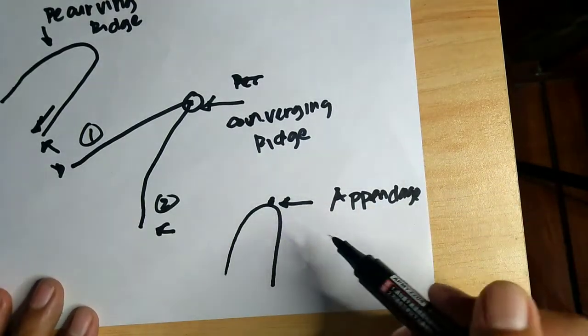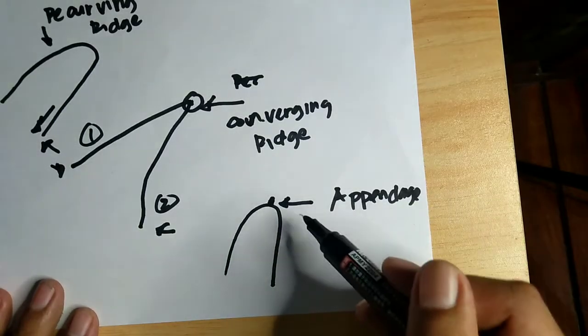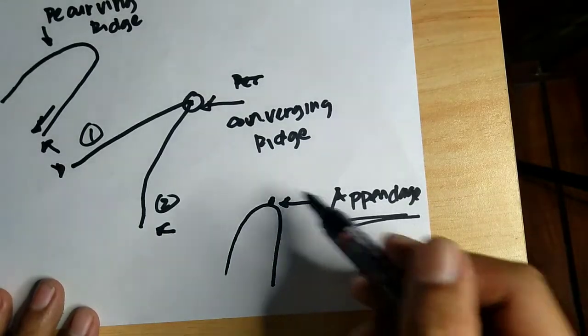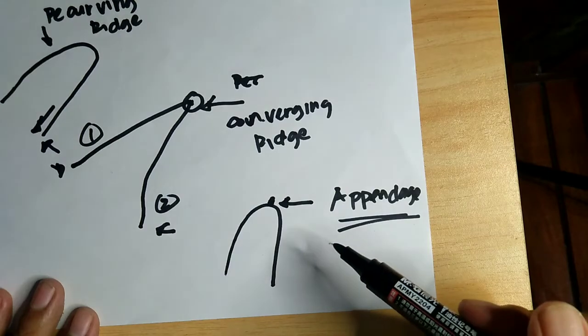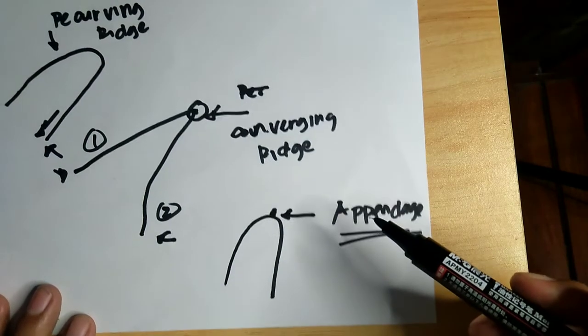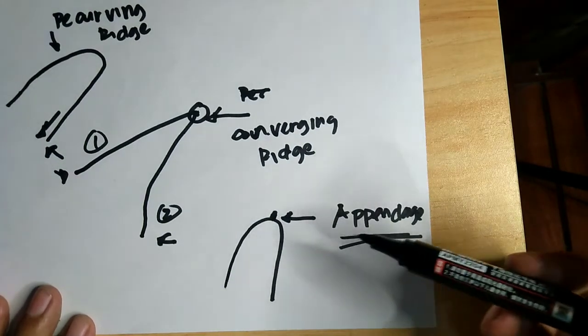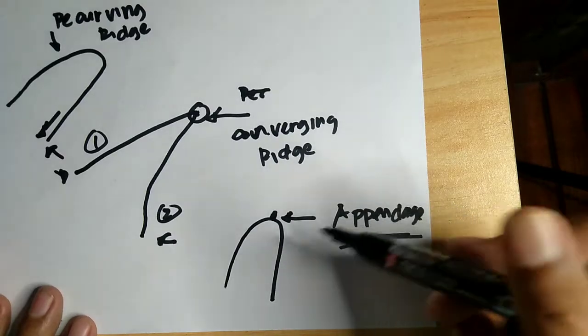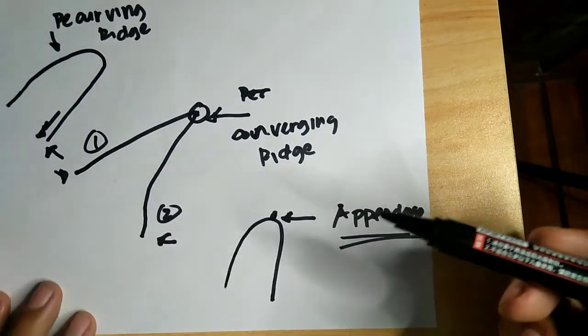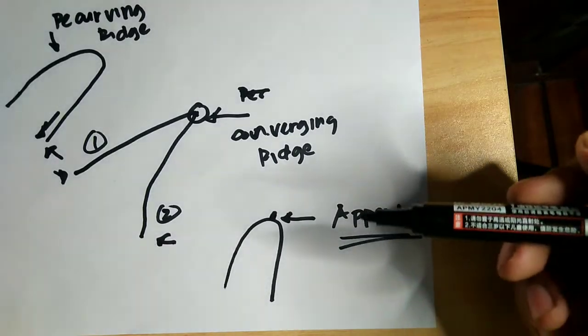The appendage, as we have stated, can be the deciding characteristic when we decide whether a fingerprint pattern will be labeled as either arch or loop.